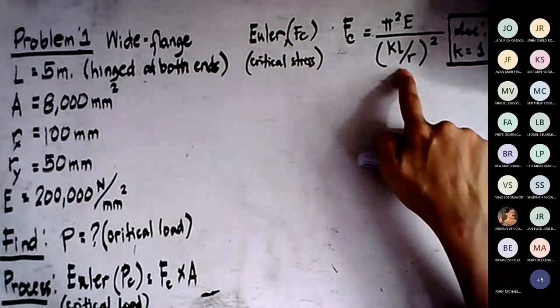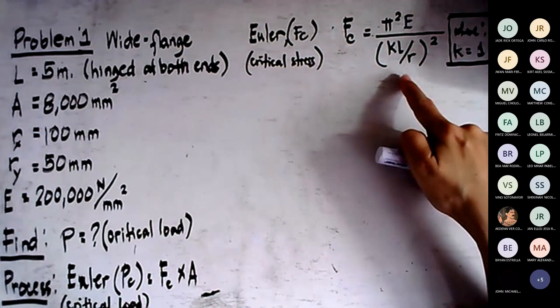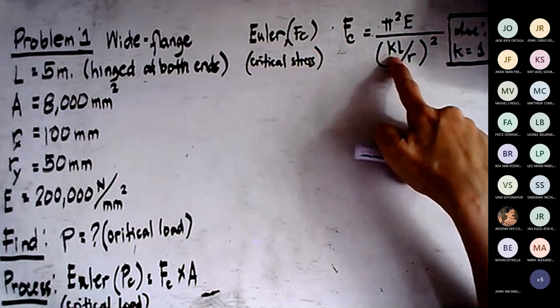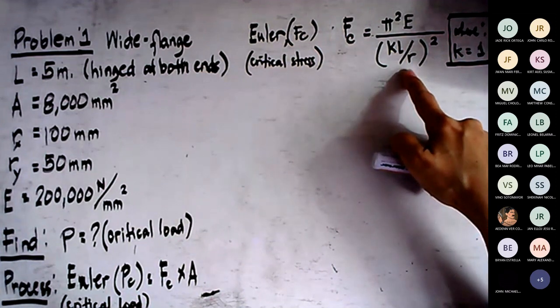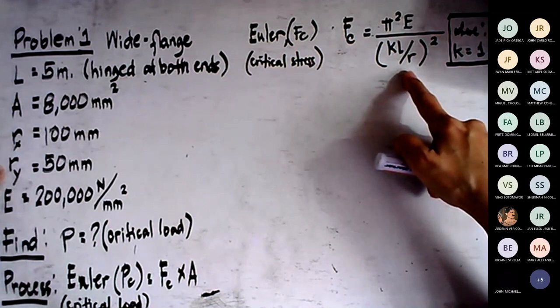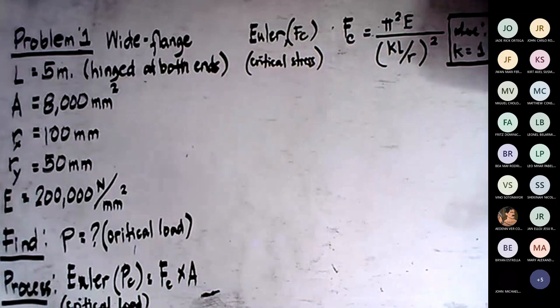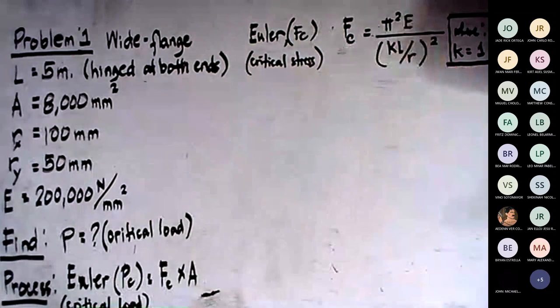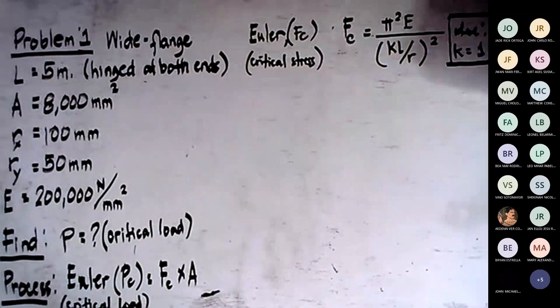And L over R is the slenderness ratio. Again, the slenderness ratio is the ratio between the unsupported length and the least radius of gyration. Since there are two radii of gyration presented in the properties of the section, you're going to choose the least of the choices. The value for E is the modulus of elasticity. And of course, you have the constant value of pi.